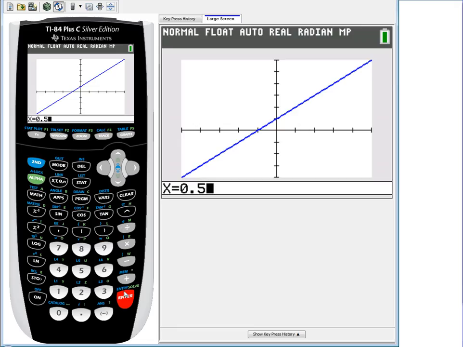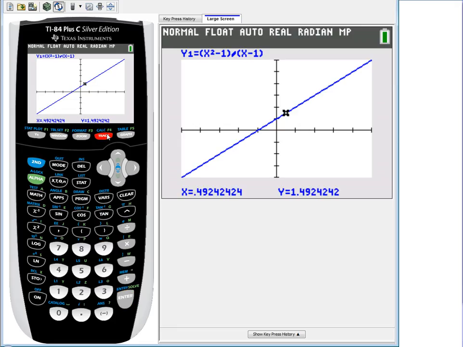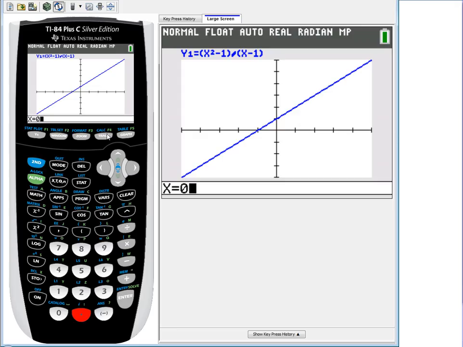Now, I think there's a shortcut for this too, if I can remember what it is. You just click trace, oh, that's right. You click trace and then you type the value. So if I go 0.5 and hit enter, it takes me right there. That's quicker, okay?